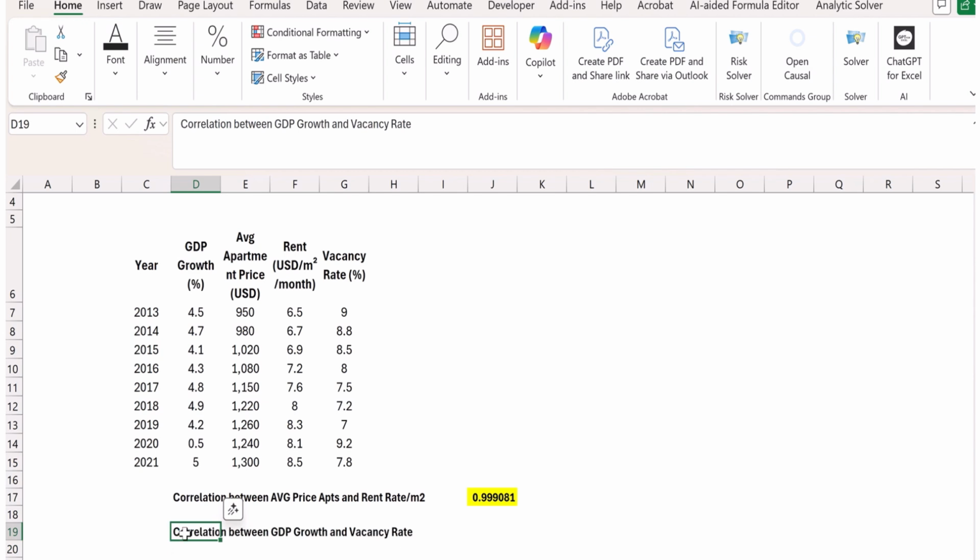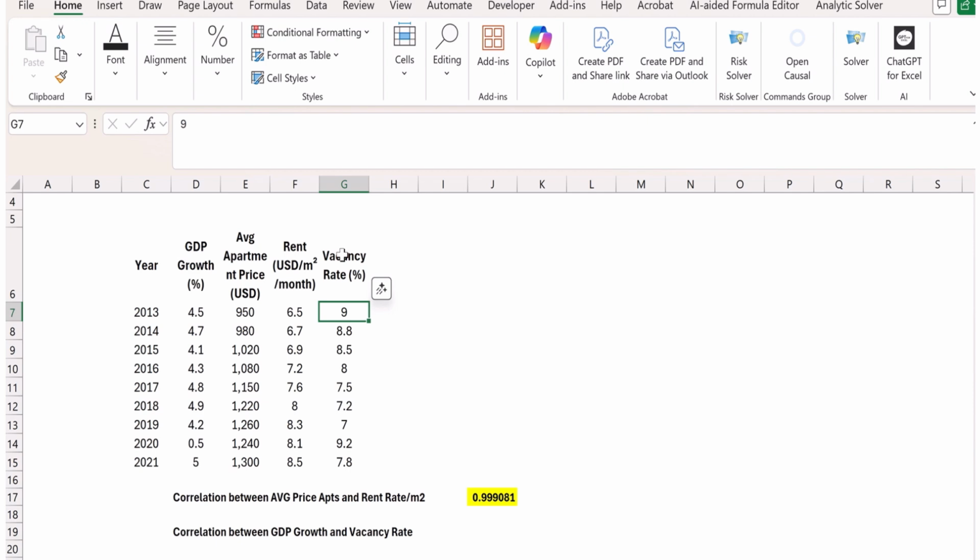So in this case, common sense indicates that as GDP grows, the economy improves, so there is more revenue, more income in the economy. So most probably the vacancy will fall because the people who potentially can rent those vacant apartments have more income.